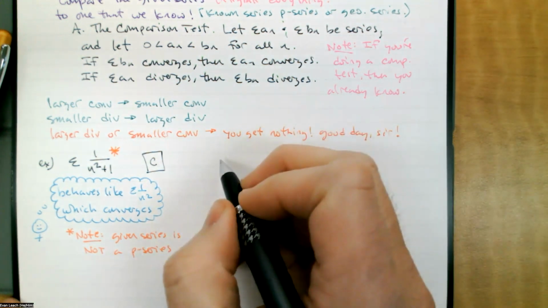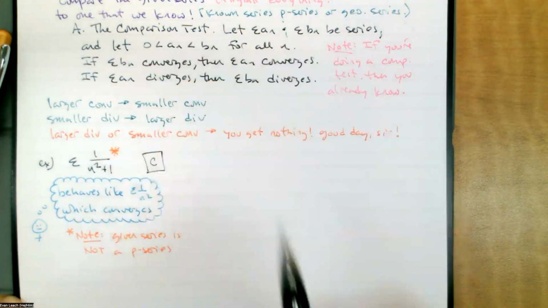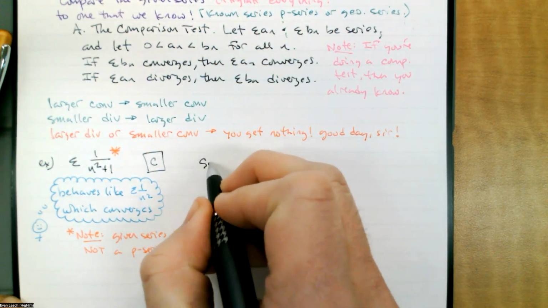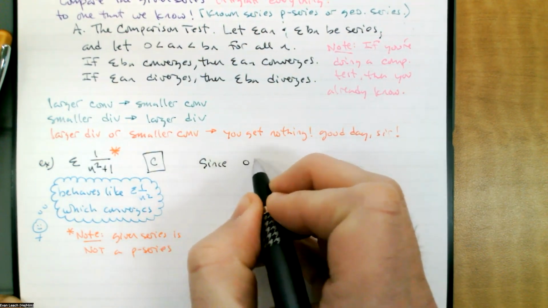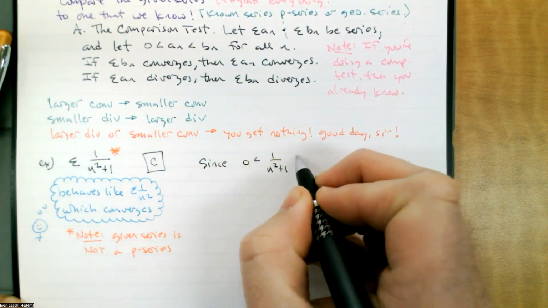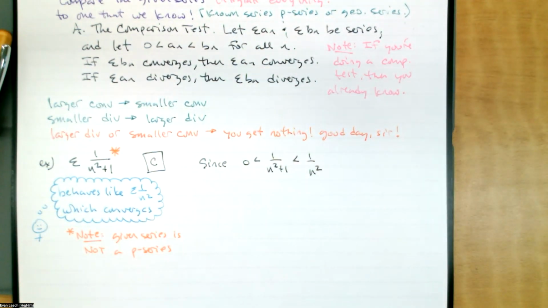We're going to say, first thing, note that the given series is smaller than a known convergent p-series. So we're going to say since 1 over n squared plus 1 is always less than 1 over n squared. If you make the denominator bigger, that makes the fraction smaller.